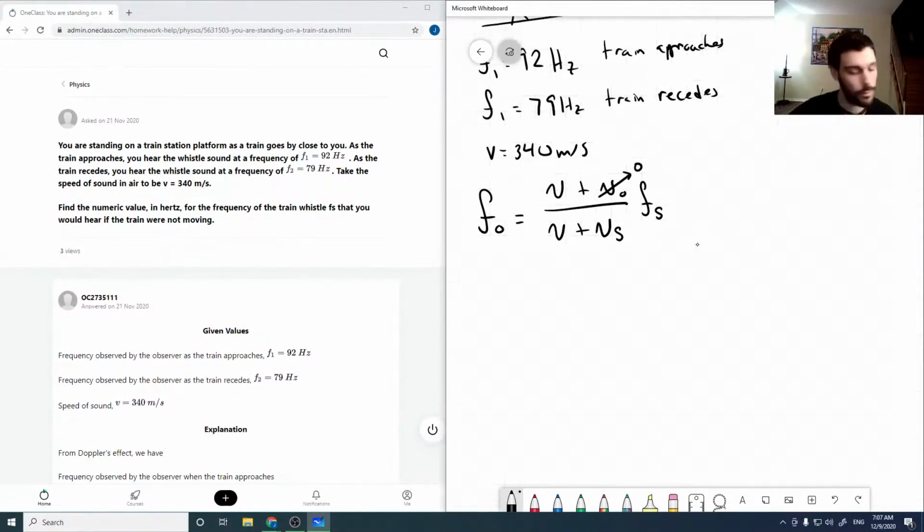As the train approaches us, then our F1 is just going to be 340 meters per second over 340 meters per second minus the speed of the source. So it's approaching us, so we subtract the source speed, as that appears to reduce the speed of the wave.